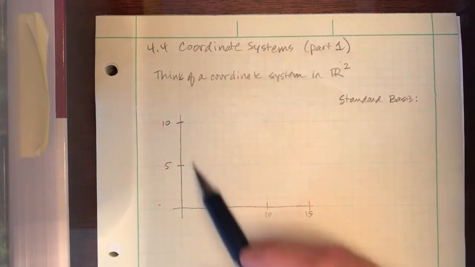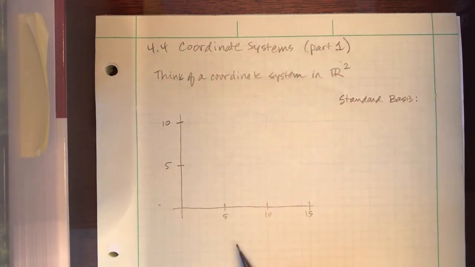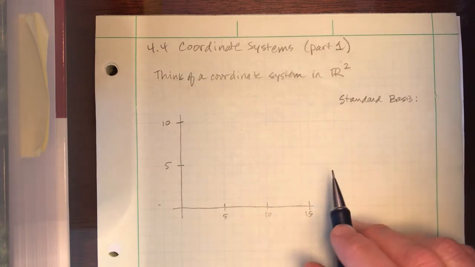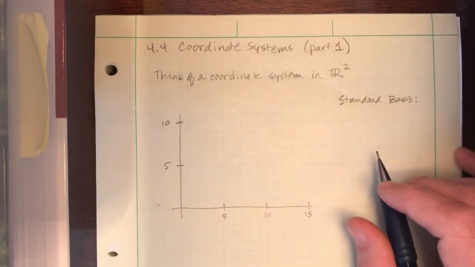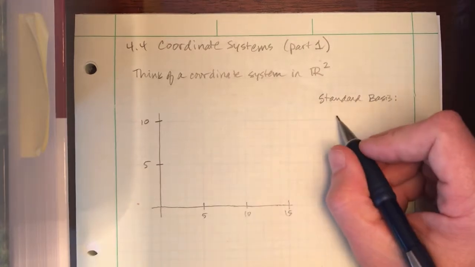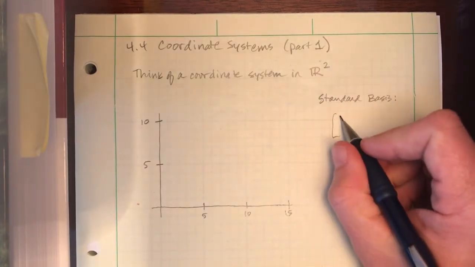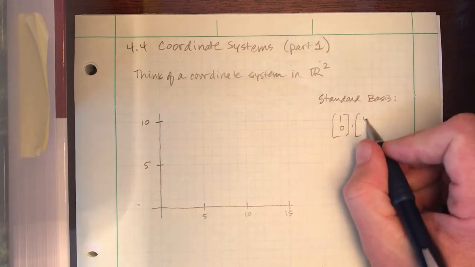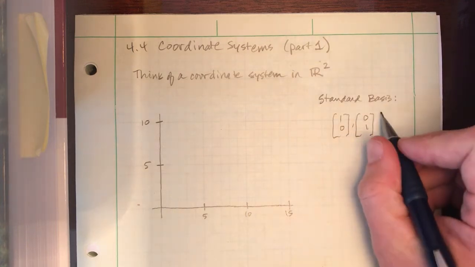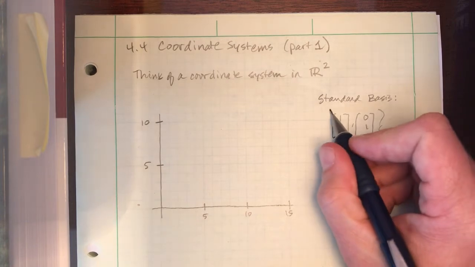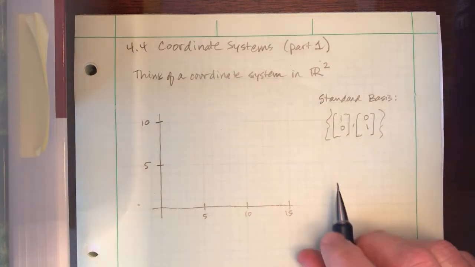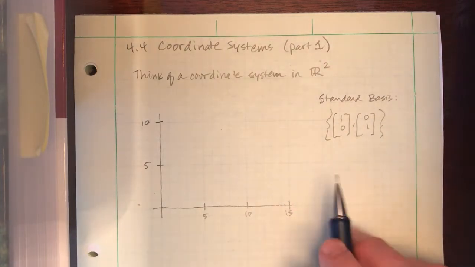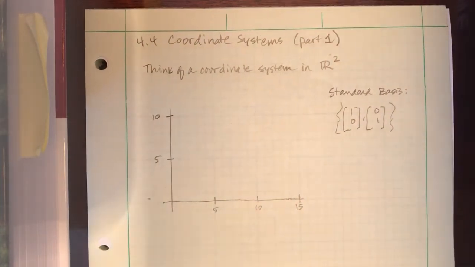So with my X and Y axis in front of us, if I ask you to think of the standard basis for this coordinate system, I think we're pretty comfortable with (1, 0), (0, 1) as my two basis vectors. So this is what's called the standard basis, and this is what we don't really think about.